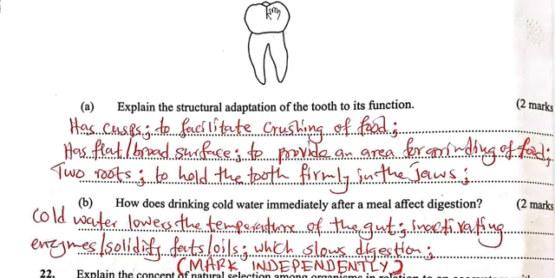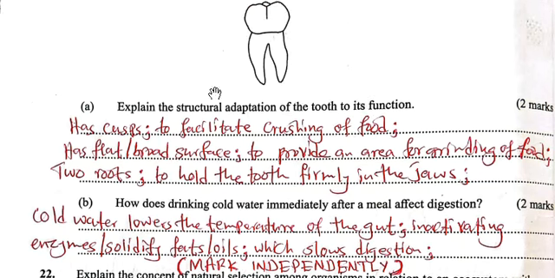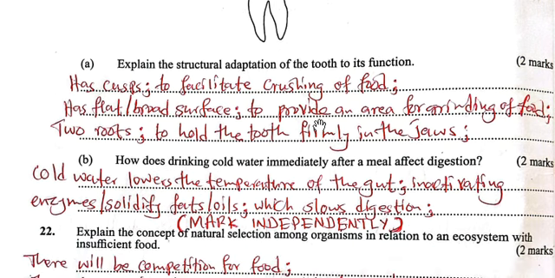You can look, the cusps are located here for crushing of food. Then has flat, as you can see, flat broad surface provide a large surface area for grinding of food. Then has two roots here, as you can see, to hold the tooth firmly in the jaws.